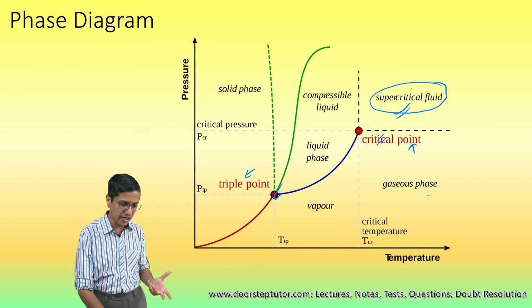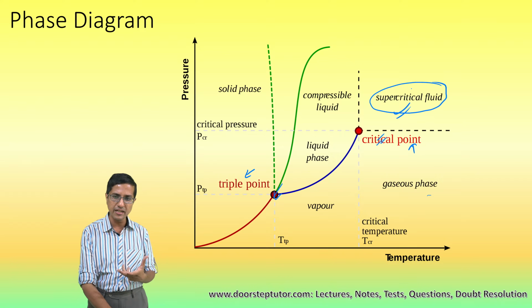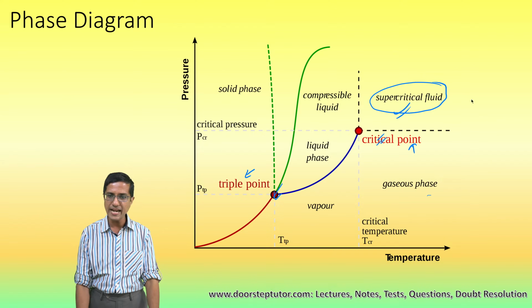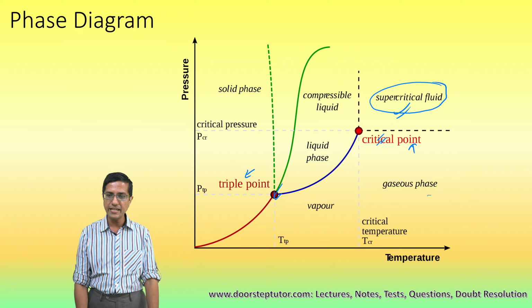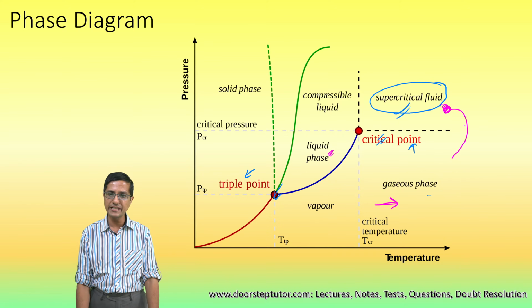Now, another way to look at this critical point is that if I increase the temperature above the critical temperature, I really cannot go from this supercritical fluid state to the liquid state just by decreasing the pressure.